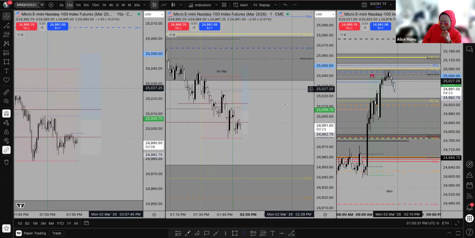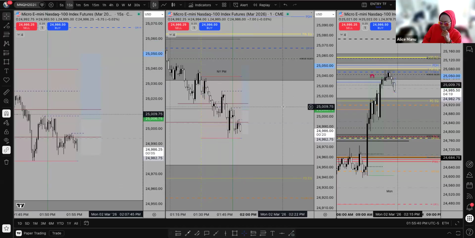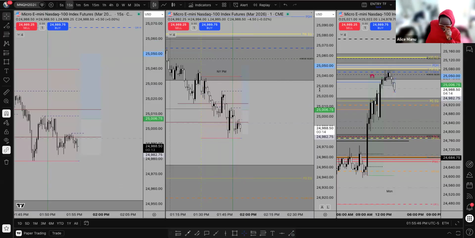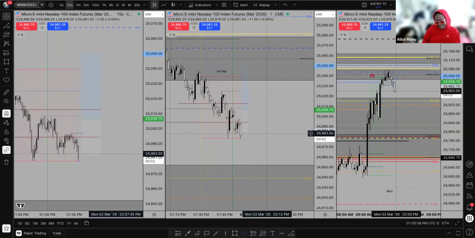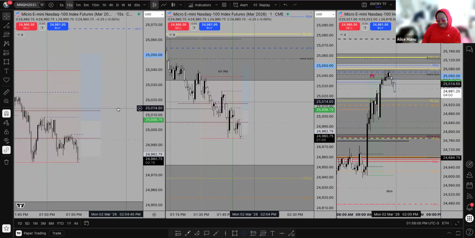Nothing wrong with that. Okay, like I was doing before with retracement setups, I don't mind taking the 15 seconds. Continuation though, yeah.